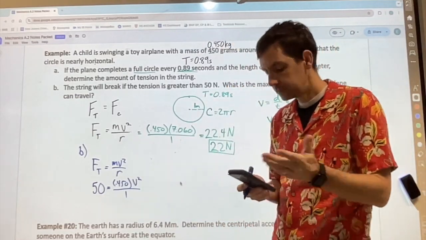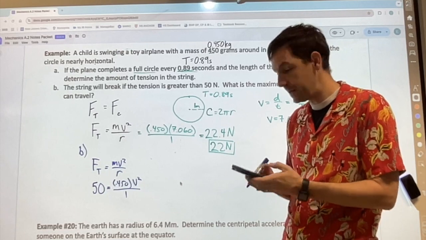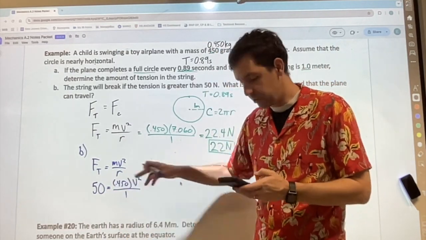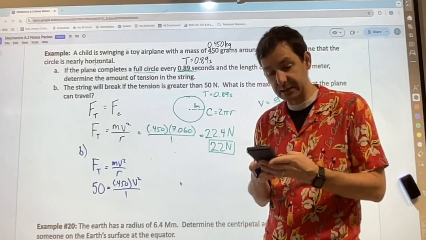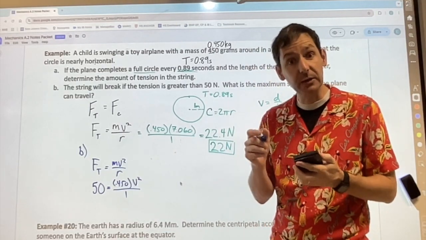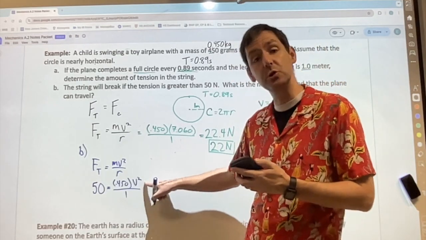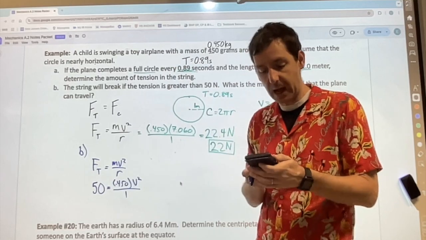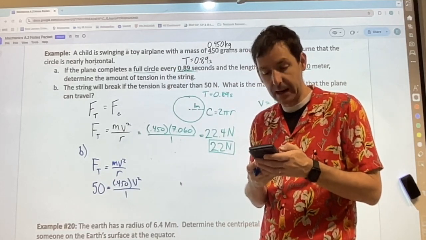Obviously, any of these numbers can change in this second part, but in this situation, we're keeping everything else the same. So therefore, we're going to take the 50, we'll multiply it by 1, then we're going to divide by the 0.450. That's going to give me 111.11. That's going to be equal to v squared. And so then I'm going to square root each side. So I'm going to square root the answer here.